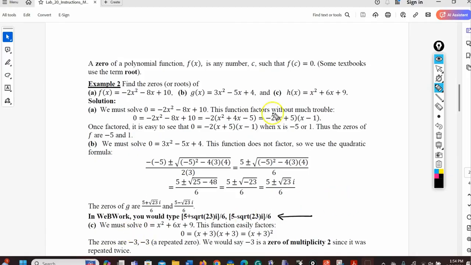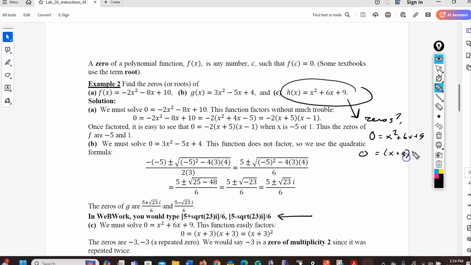And then finally, what are the zeros of this? Okay, that factors very easily. If we want to find the zeros, you set it equal to 0 and solve for x and see if you can factor. There are two numbers that multiply together to give you 9, and at the same time add up together to give you 6.